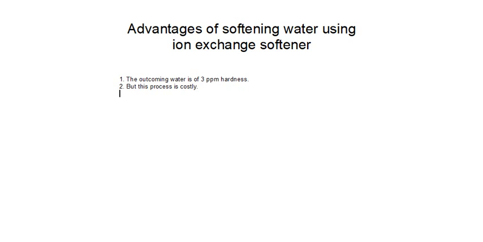The entire setup attached, pumps and all that, is all very sophisticated machinery, and therefore the cost of softening is high. In fact, these are not the advantages, these are the limitations. So talking about it as advantages also does not make sense. But these are some of the features which we are discussing.